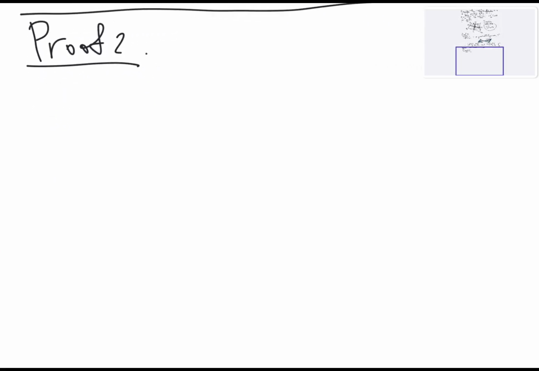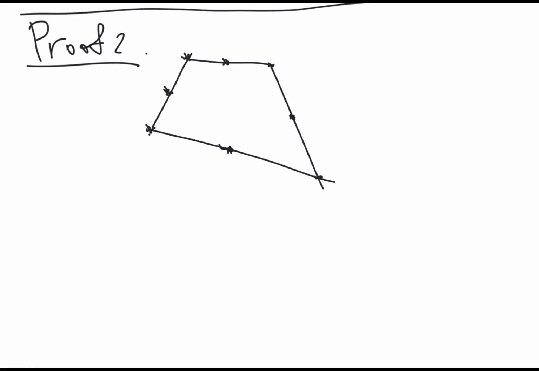So we have our quadrilateral, and basically the proof uses the masses. I have a video about how to use the masses in geometry, where I think I proved that the medians in a triangle intersect in a single point.